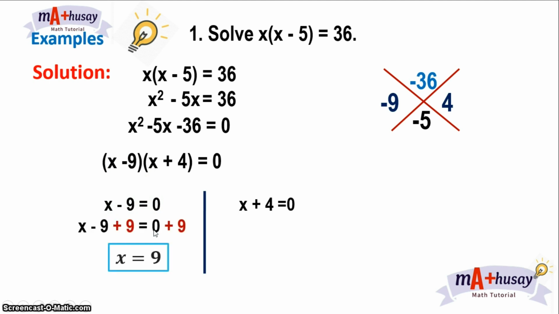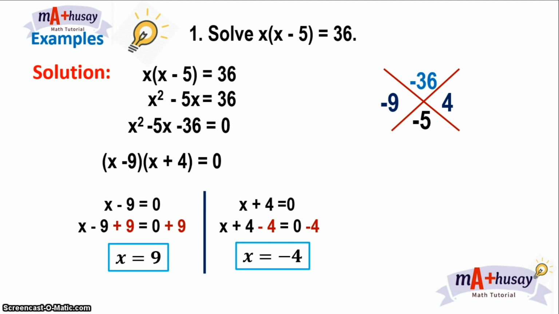So, we'll have x is equal to 9. On the other hand, we have x plus 4. Since we want to isolate the variable x on the left side, we need to add negative 4 to both sides of the equation. So, we have x is equal to negative 4.